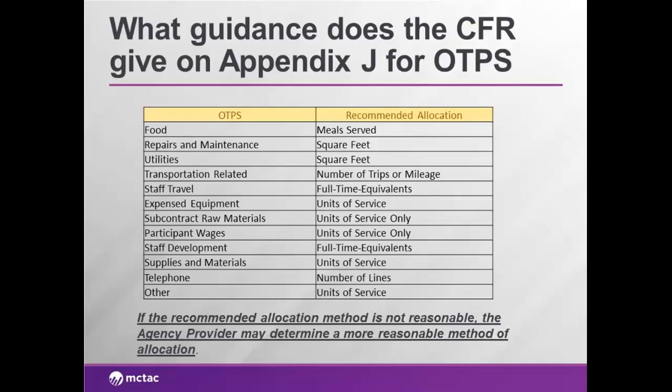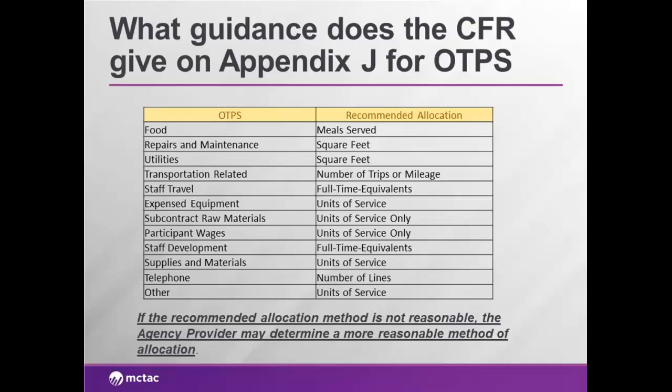The CFR has a manual with a number of appendices. There is Appendix J in the manual that provides guidance on what kind of methodology you will use to allocate space, to allocate your costs. So it would be useful to go through this really quickly.